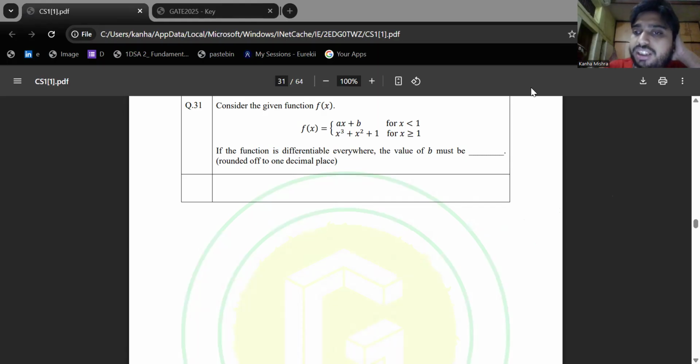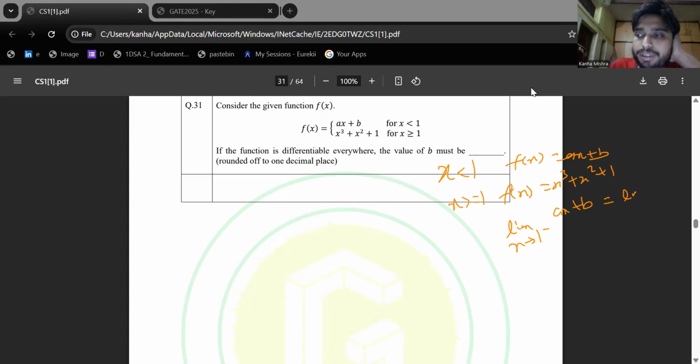So let's first check the continuity at x equal to 1. For x less than 1, f(x) is equal to ax plus b, and for x greater than or equal to 1, f(x) is equal to x cube plus x square plus 1. So limit x tends to 1 negative, that means ax plus b, is equal to limit x tends to 1 positive of x cube plus x square plus 1.